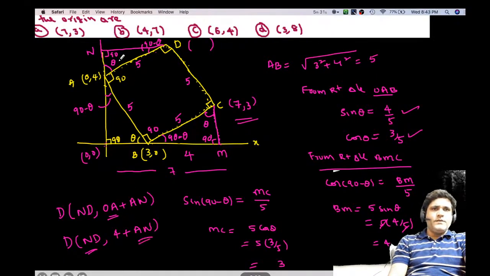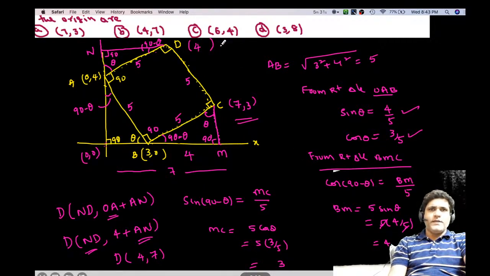Similarly use this right angle triangle, this is 90 minus theta, use sin theta and cos theta in this triangle, you will get the coordinates of D. Therefore coordinates of D are 4 comma 7. I will not do that algebra part, same procedure as this one. Now distance from origin to 4 comma 7, distance from origin to 7 comma 3, you find which one is the farthest.